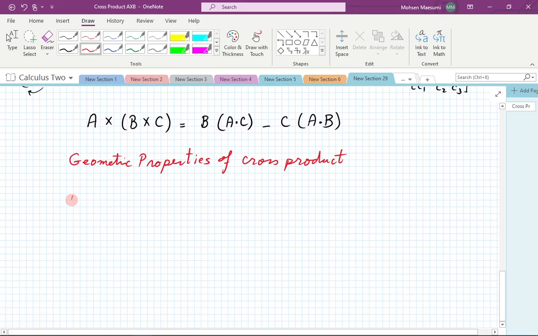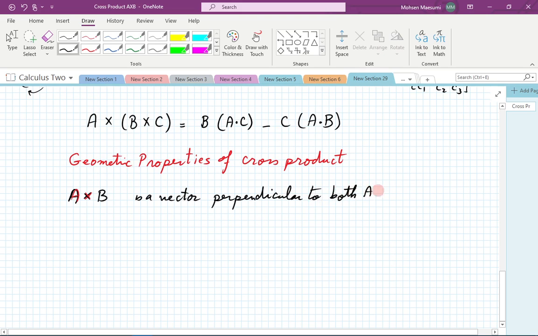First of all, A cross B, let me write in another column, A cross B is a vector that is perpendicular to both A and B.